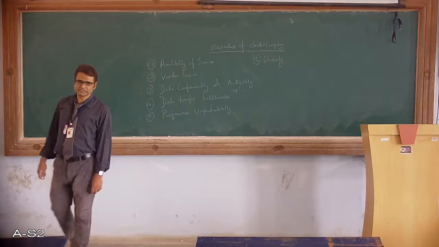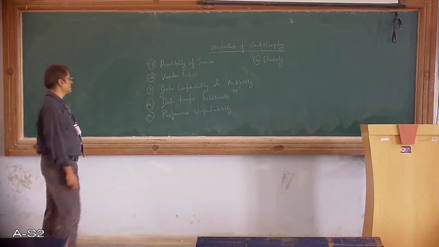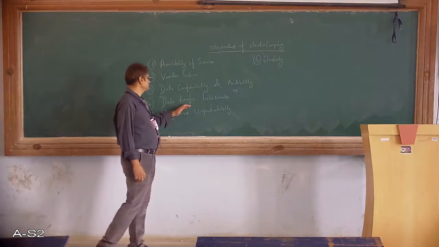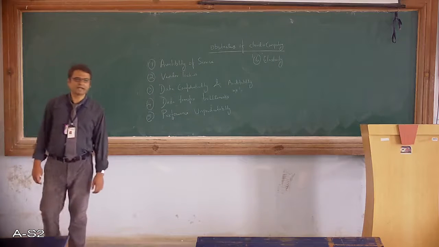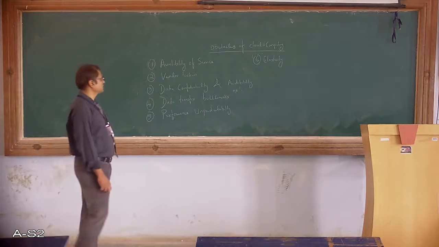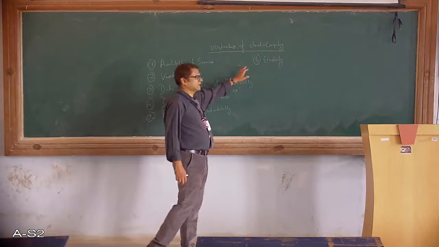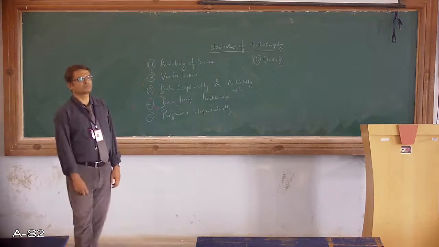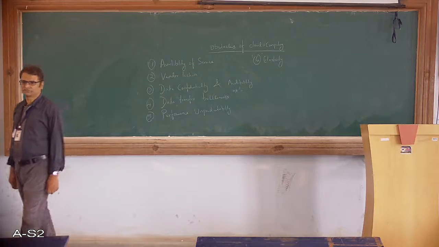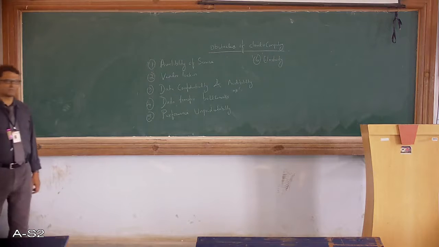The fourth one is data transfer bottlenecks. The fifth one is performance unpredictability. And the sixth one is elasticity. So these are some of the obstacles of cloud computing.